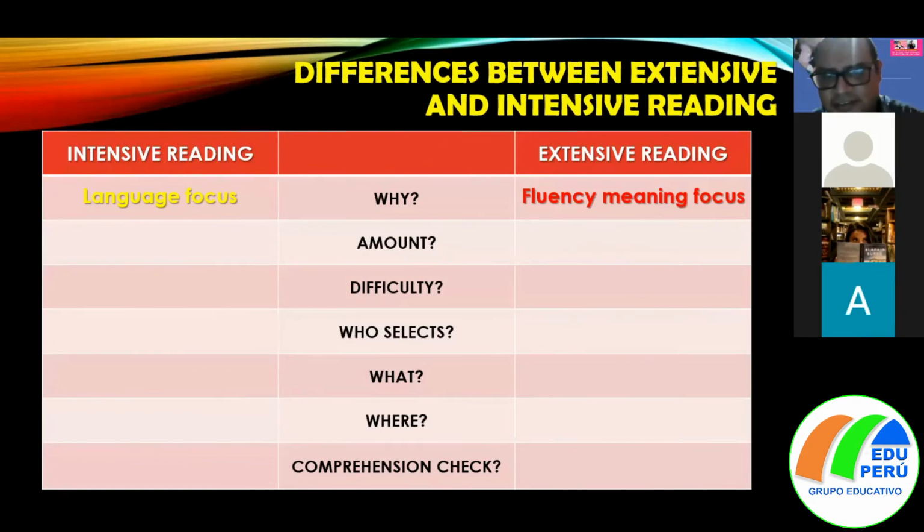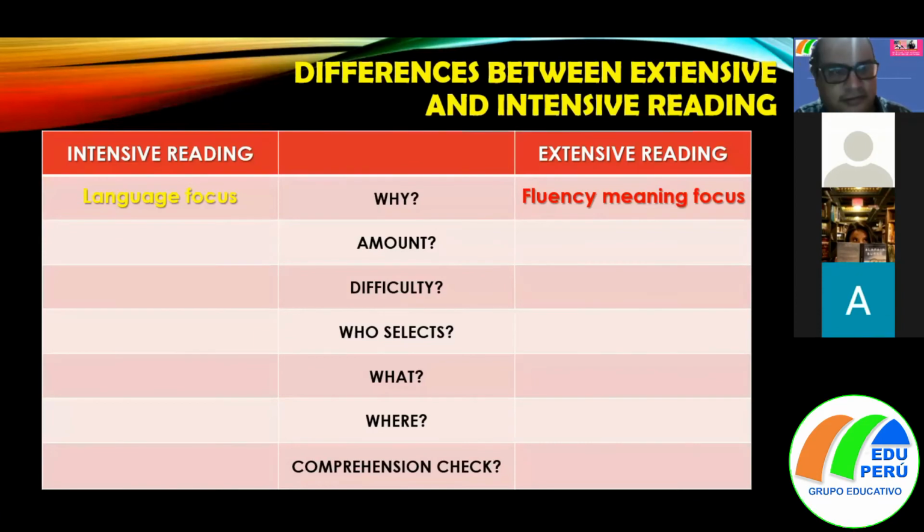It's more portion, but I don't know how much. The intensive one is more percent? Are you sure? Let's start with the intensive, and then we pass to the extensive. First intensive, then extensive.